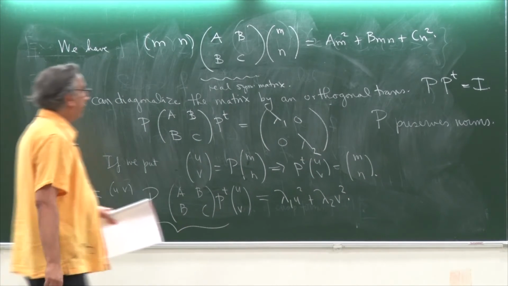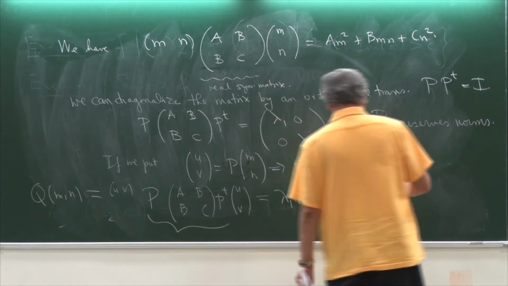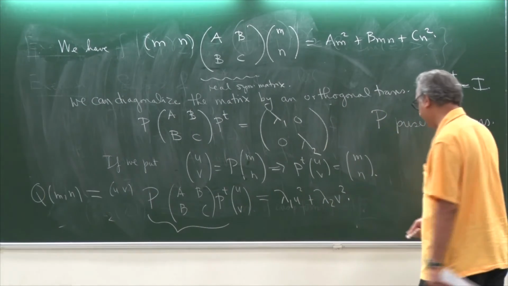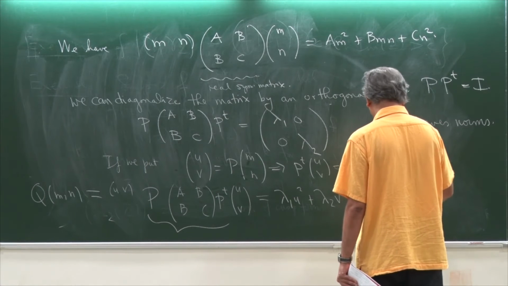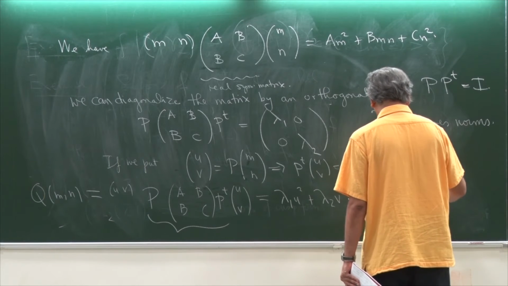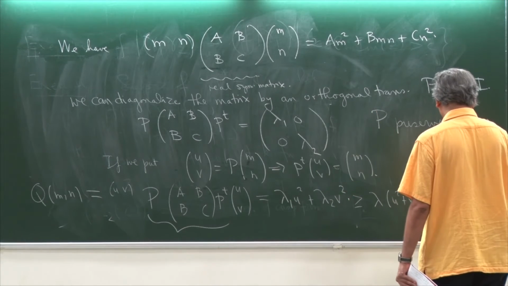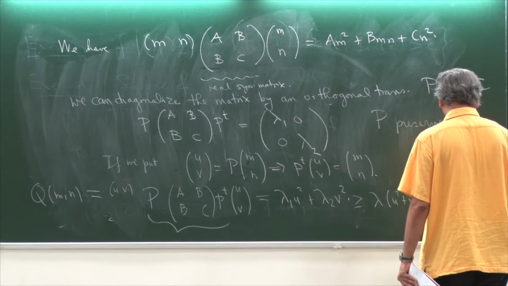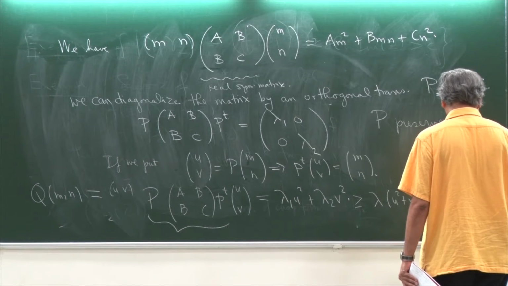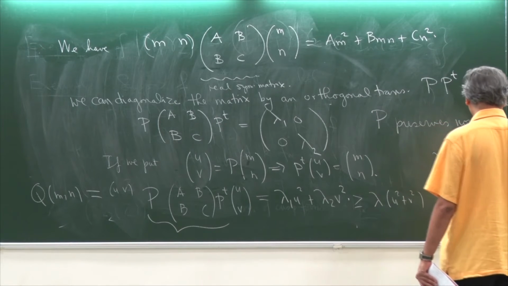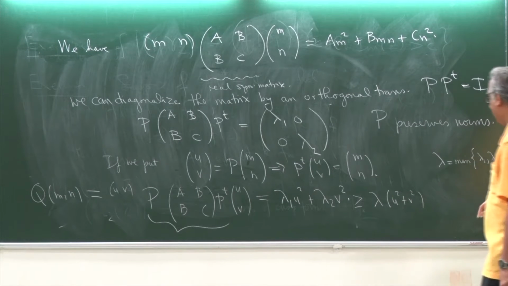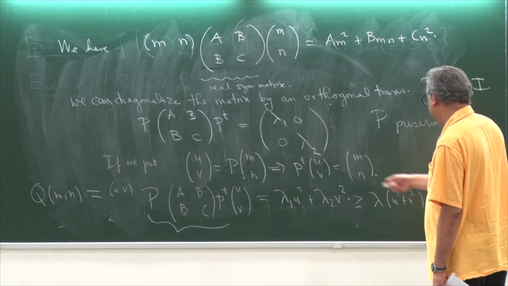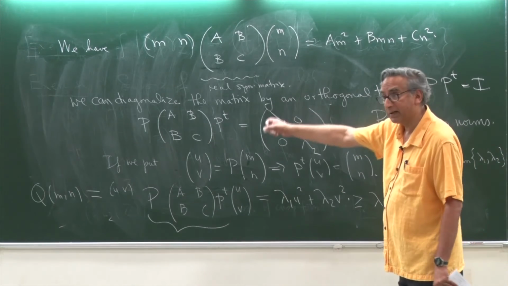Because the matrix is non-singular, the eigenvalues are not 0, and so this is at least lambda times (u squared plus v squared), where lambda is the minimum of lambda 1, lambda 2, and it's actually positive, because it's a positive definite quadratic form.